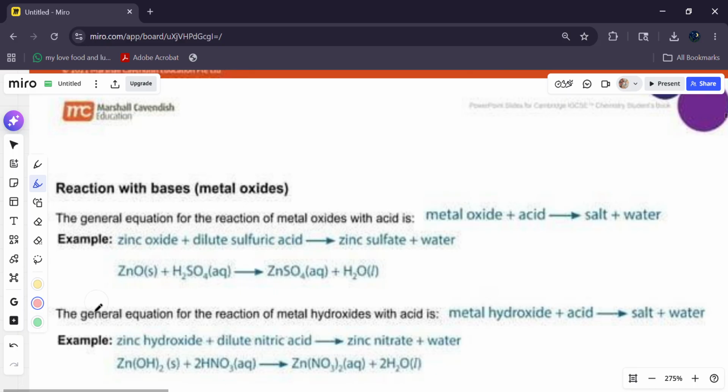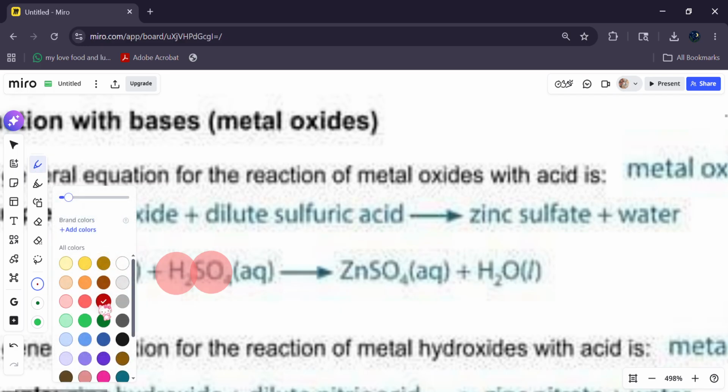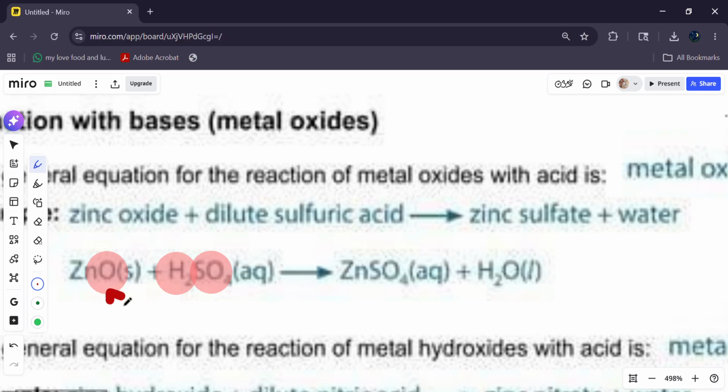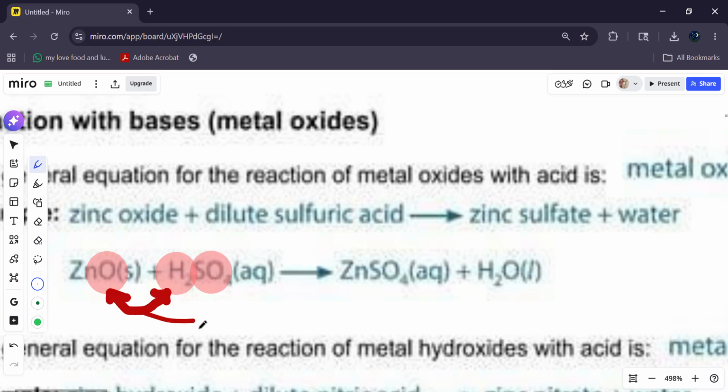As you can see, because in this equation, zinc oxide contains oxygen. Oxide is oxygen, and the dilute sulfuric acid has sulfur and hydrogen. Now, in this case, the hydrogen and oxygen react together, and this causes them to form water.